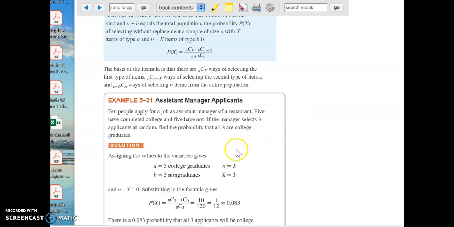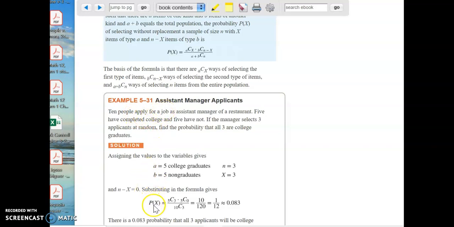Okay. All right, so let's bounce back and forth between down here and up here. Okay, so the probability of X successes, in other words, getting 3, the probability that all 3 are college graduates out of the 10 people that applied for the job.